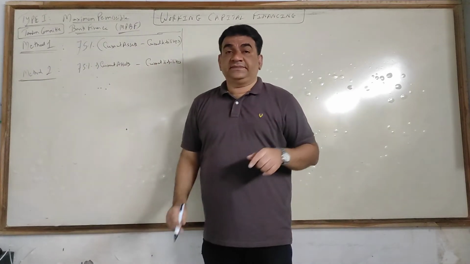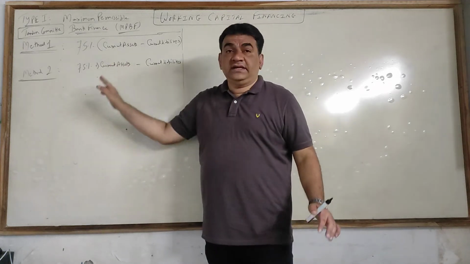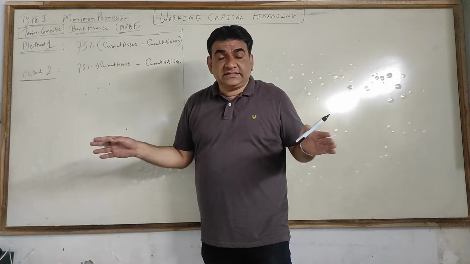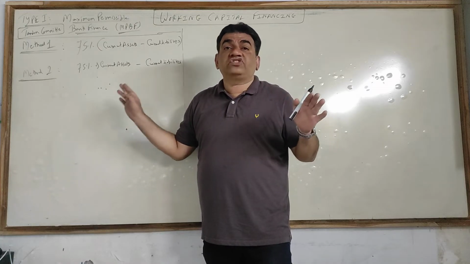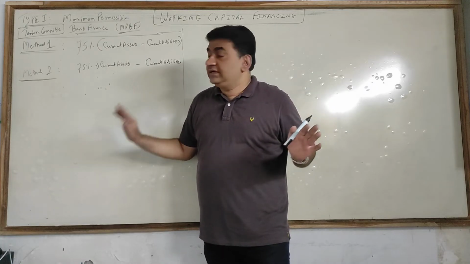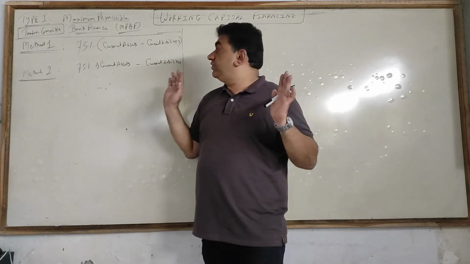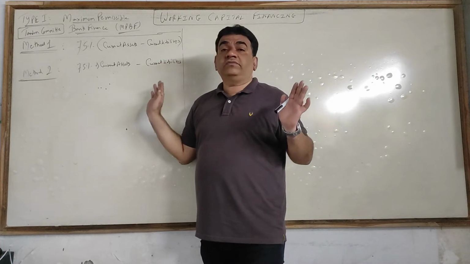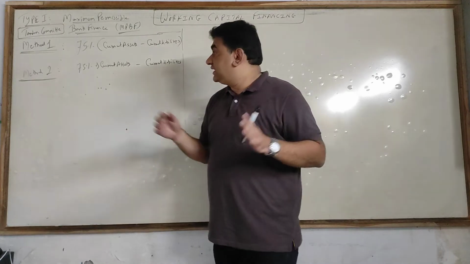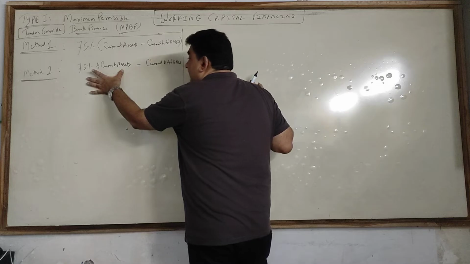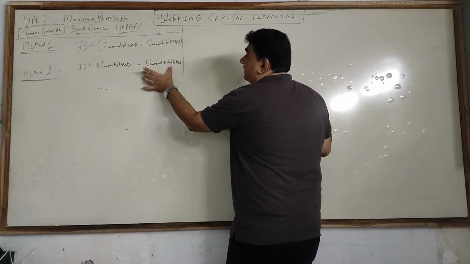Understand the difference. First method में current liabilities को deduct करो from current assets. Whatever you get, take उसका 75%. Method 2 में take 75% of your current assets and from that deduct current liability. Current assets का 75% लेना है and then deduct current liability.